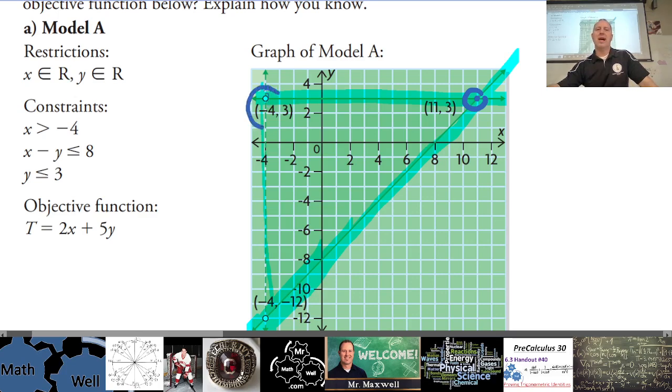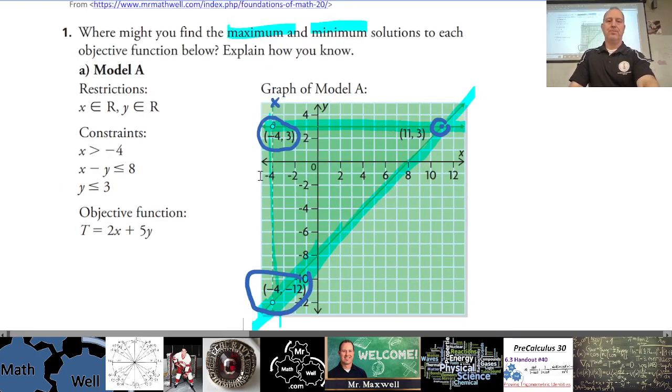So that point is actually not included in the solution set, but it is a corner, and as I mentioned in the lesson, the maximum or minimum values could be very close to this point if the point itself is not in the solution region. And then of course the other one is (-4, -12). This is another corner. It's an open circle, so that point itself is not included in the situation, but you could have one that's very close to that.